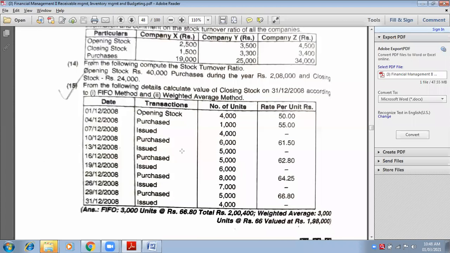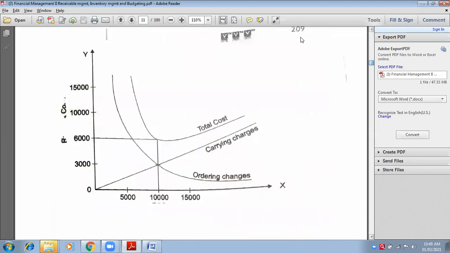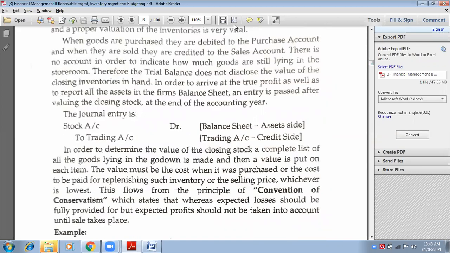Then our chapter will be over. If inventory management is over, then 3 more chapters will be pending: budgeting, receivables management and leverages.